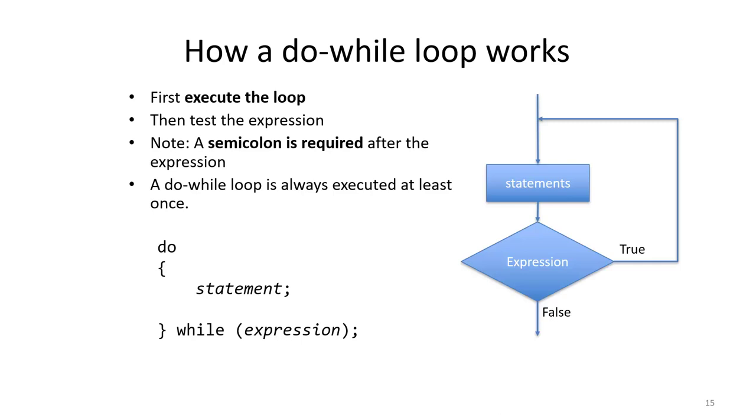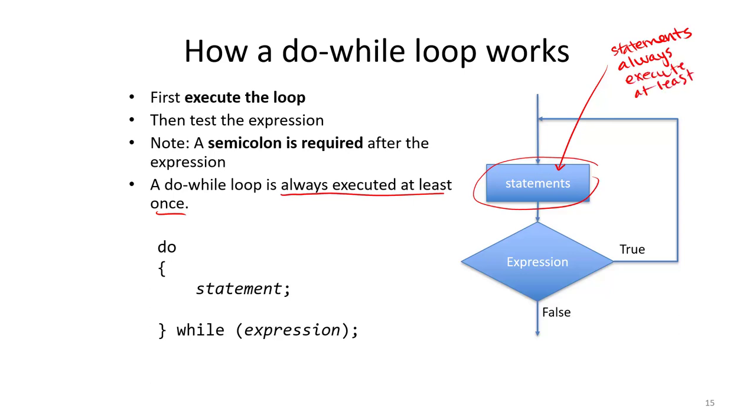As we mentioned before, a do-while loop is guaranteed to always run at least once. So it's set up a little differently. The statements will always execute at least once. First we run our statements, then we check our Boolean expression. We find out, is this expression still true?